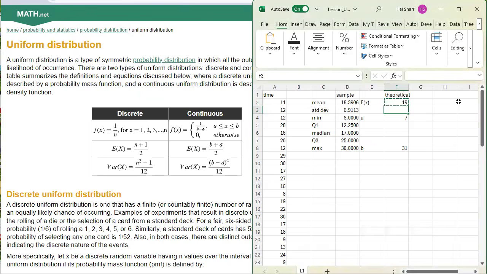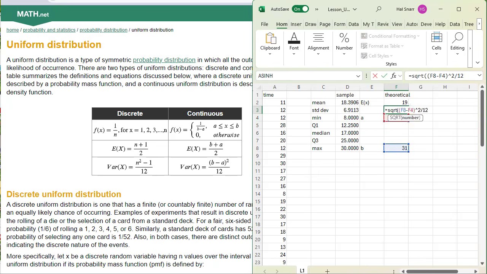The variance is B minus A squared divided by 12. That's the variance, right? The standard deviation is the square root of the variance. So I'm going to type equal SQRT.